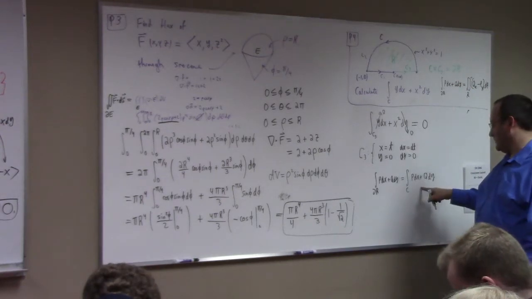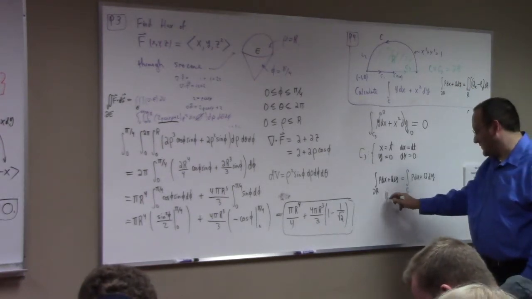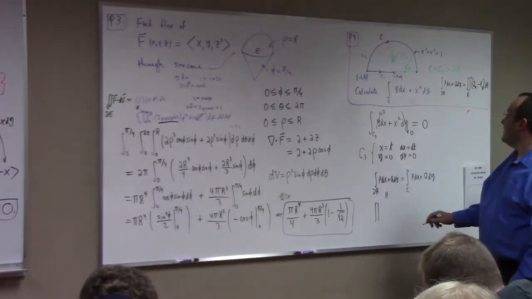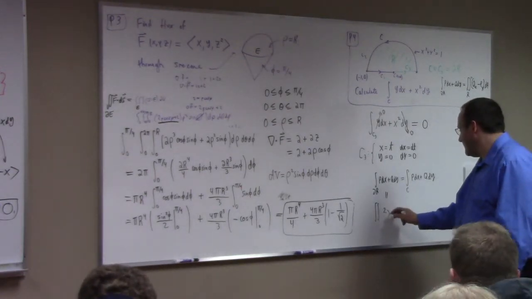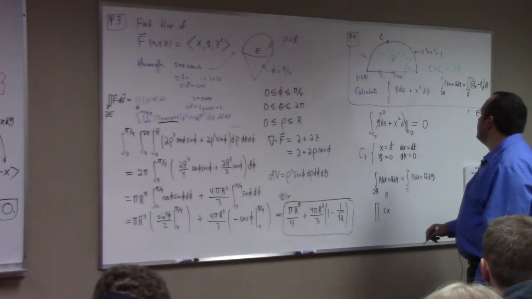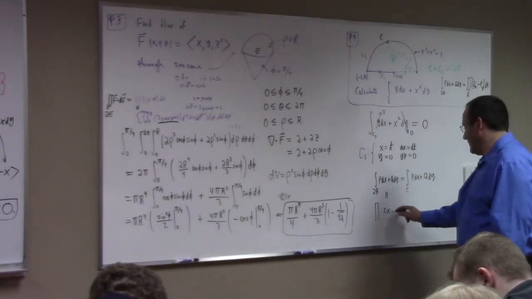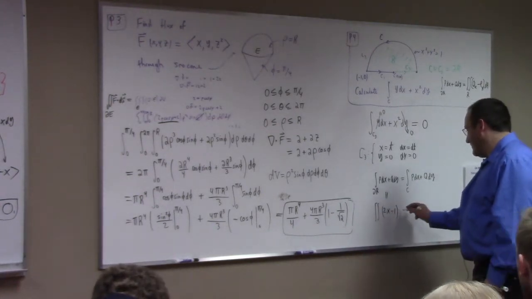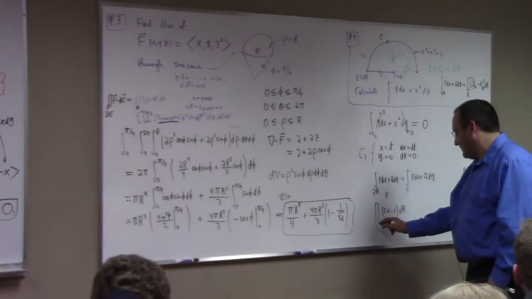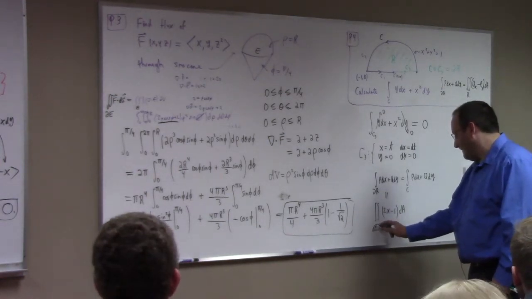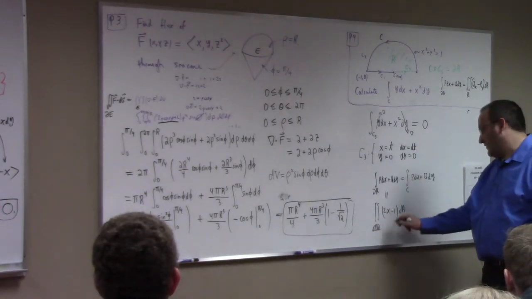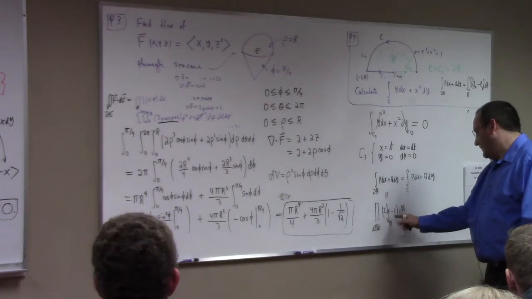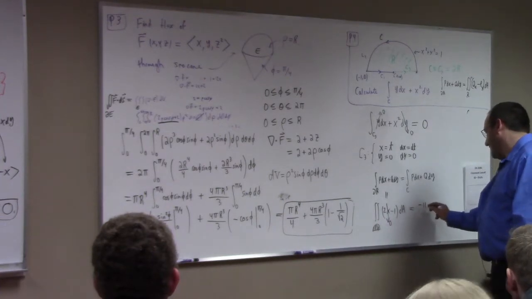And that's great because this is also equal to the double integral of partial q partial x, which is 2x, and minus py, which is minus 1. So we just have to integrate 2x minus 1 over the half circle, right? The 2x term integrates to 0, and that integrates to minus pi over 2. There you go.